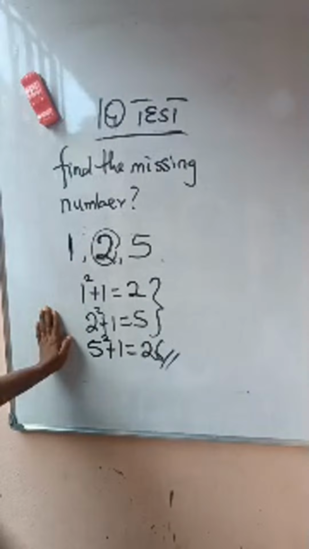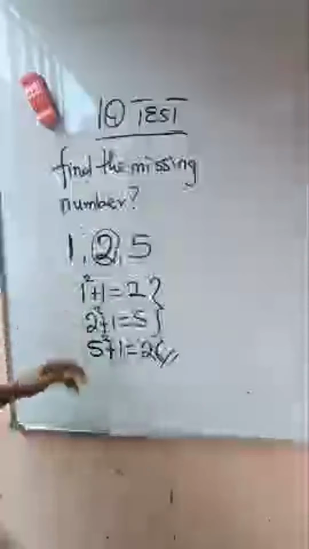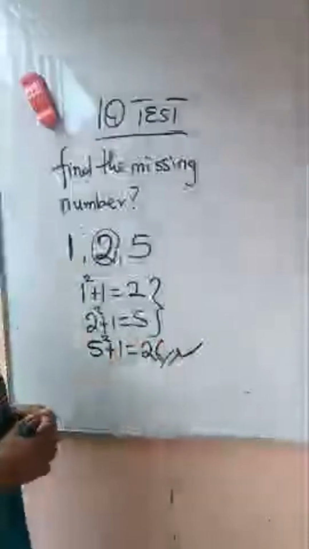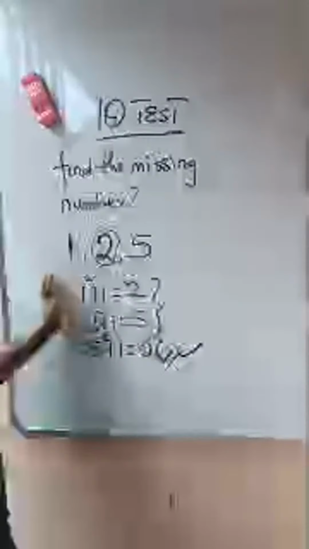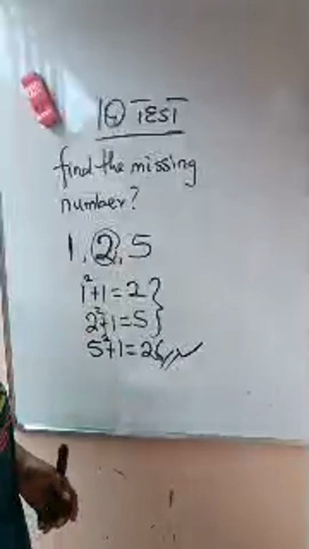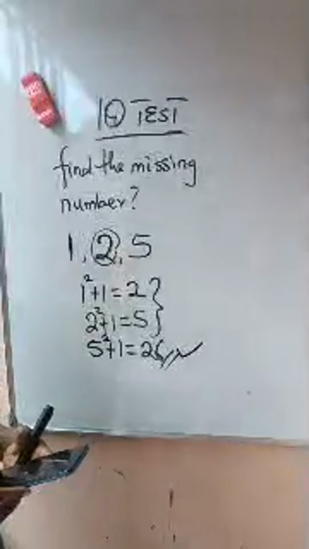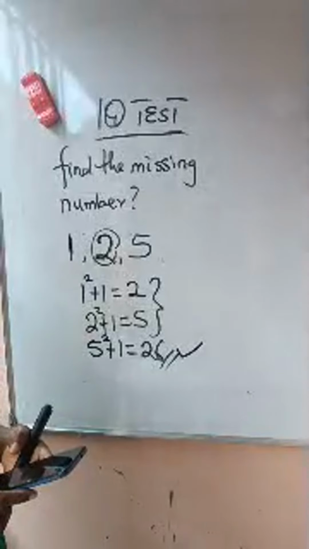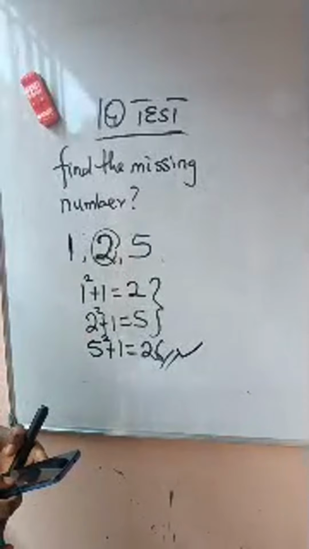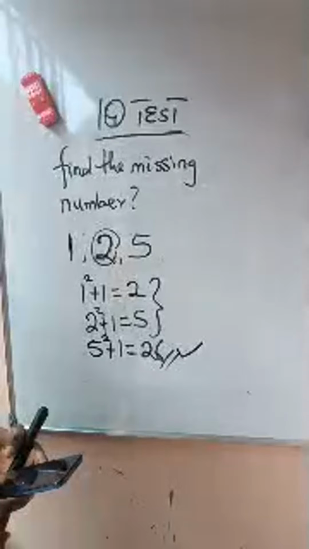All right, so the answer is what? 26. That is the answer. This is the correct answer because this is following a pattern, and this pattern is constant. All right, so you can drop your opinion in the comments.